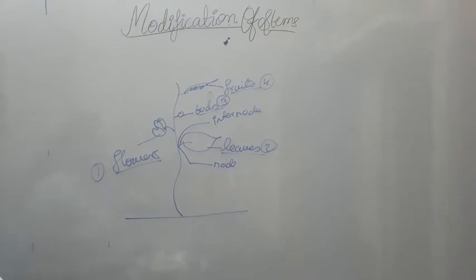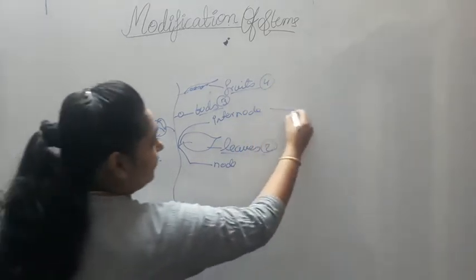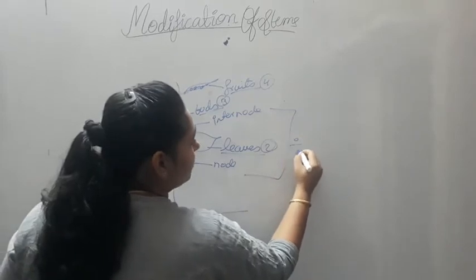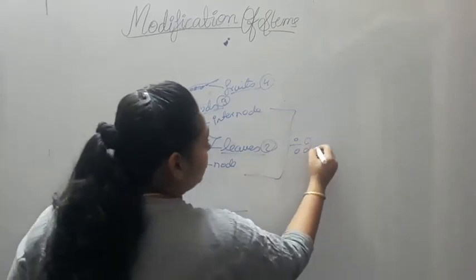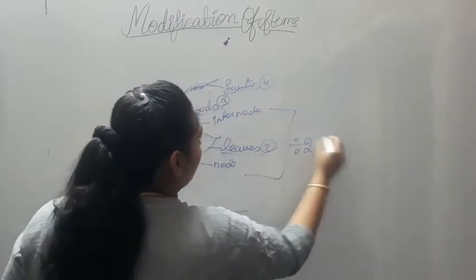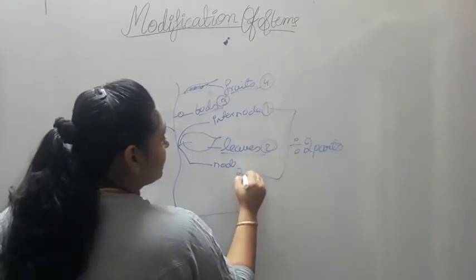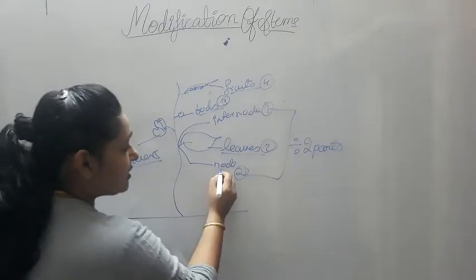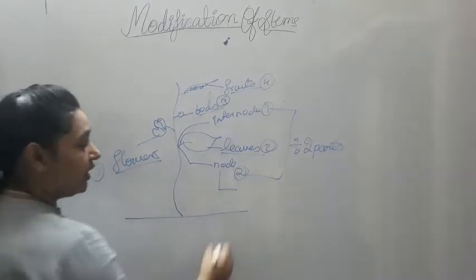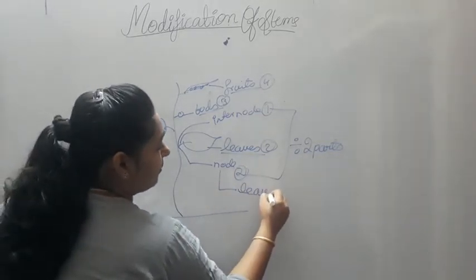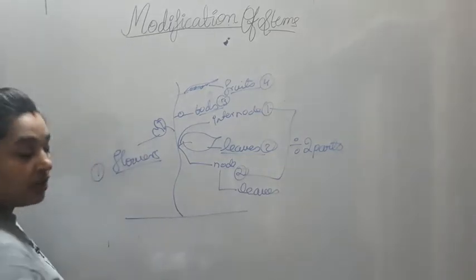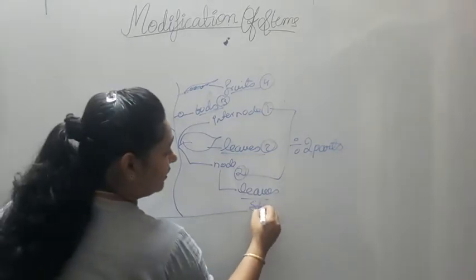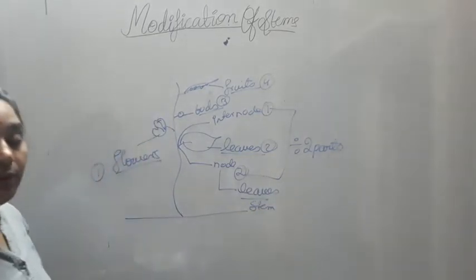Next, a stem is divided into two parts. One is the node and the second is the internode. Node is the part from where leaves develop, or another stem starts getting developed from the node.